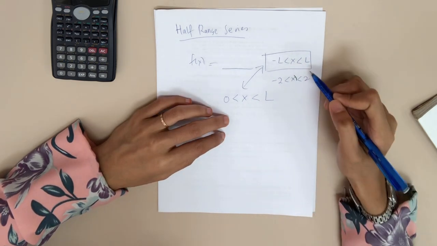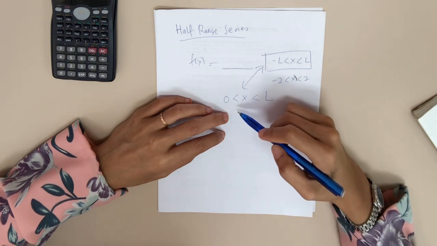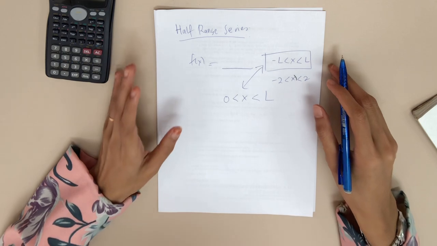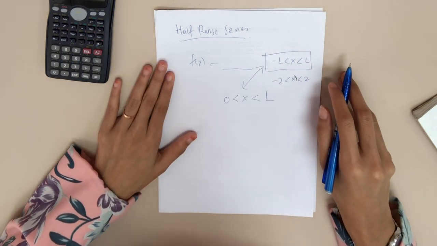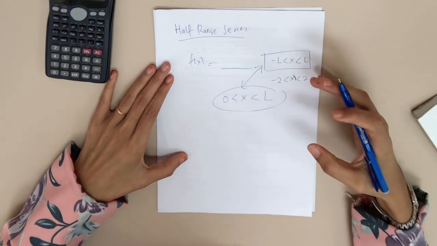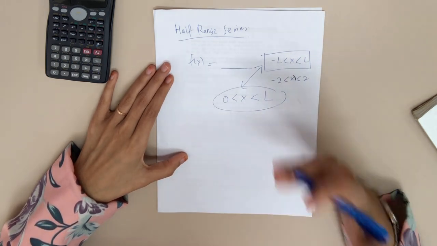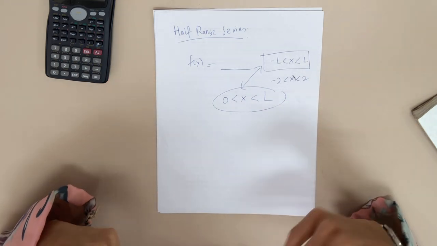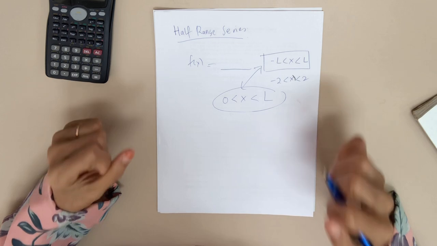That is why we call it the half range series. So for the half range series we have this type of interval, which starts from 0 until L. That's it.